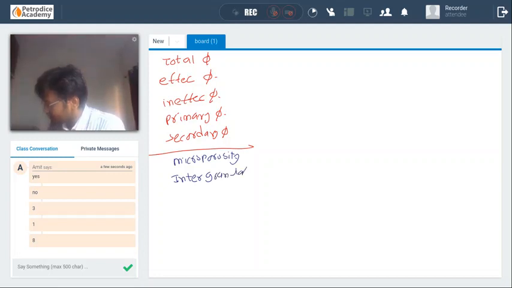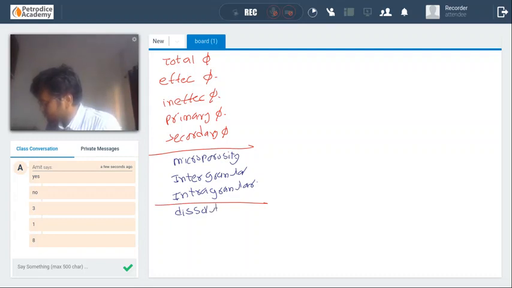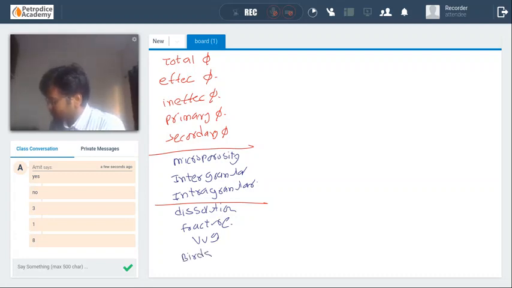Intergranular. Intragranular. Dissolution, fracture, vug, mold.